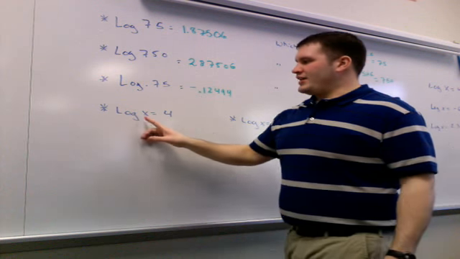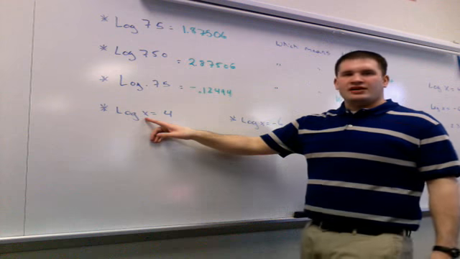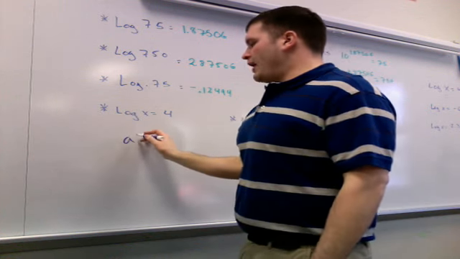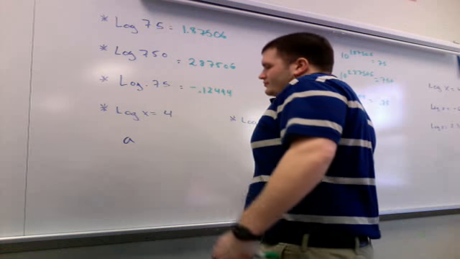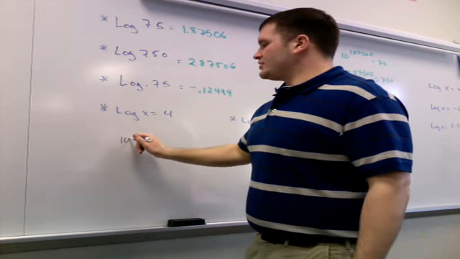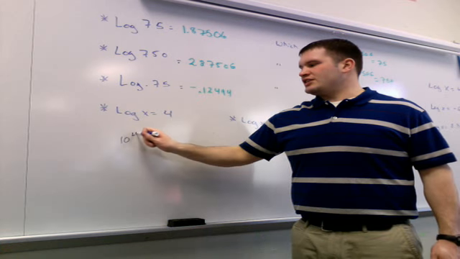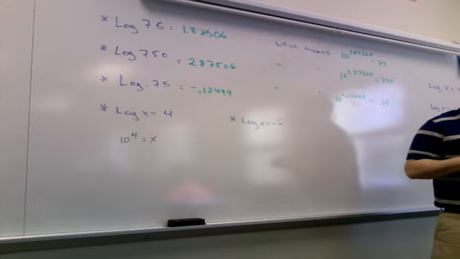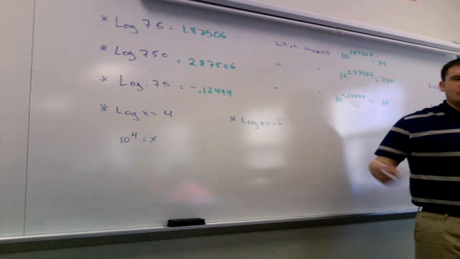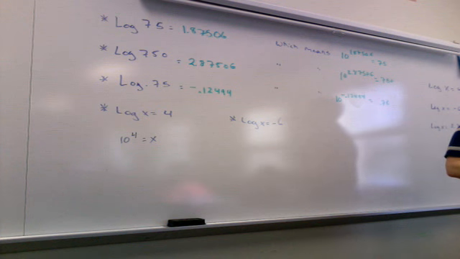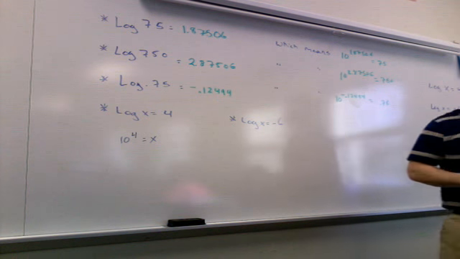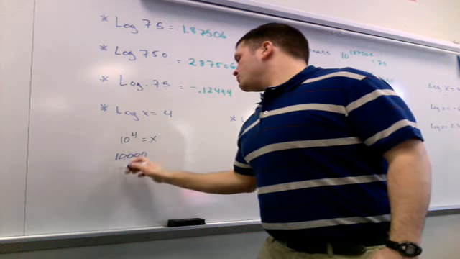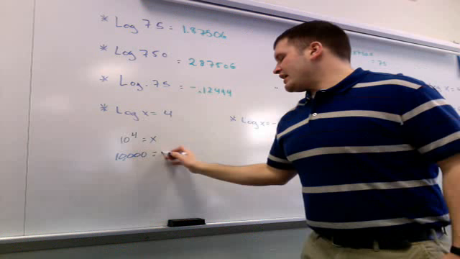Log base a, which is 10, of x equals 4, because a to the power of c equals b. 10 to the 4th equals x. So what's 10 to the 4th? 10,000. Right? 10,000 equals x.